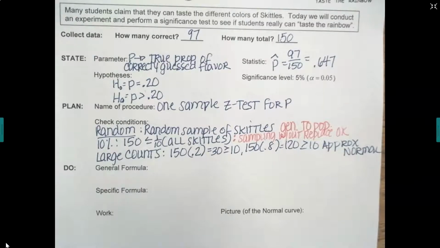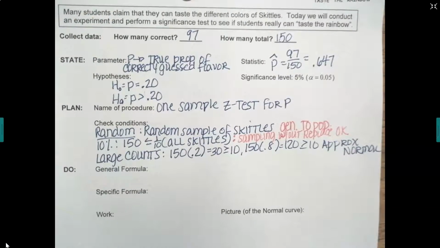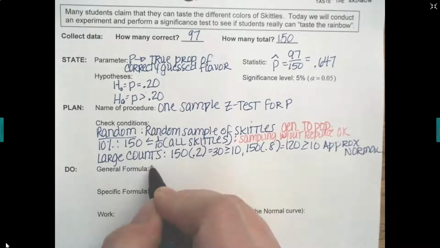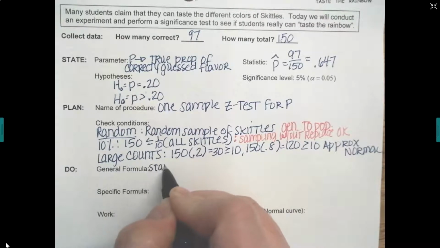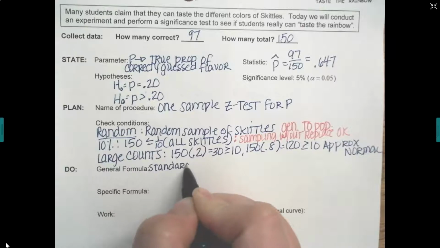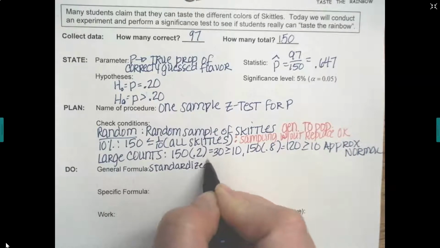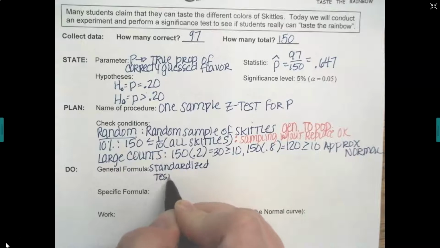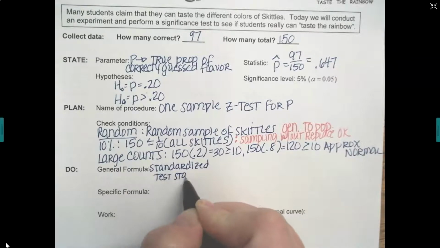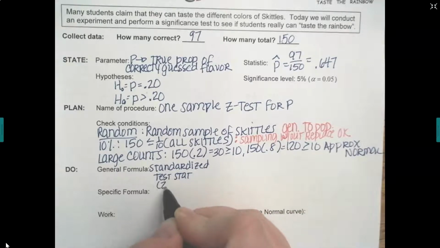All right, so for the general formula, remember that's when we write it in just the words. So I'm going to use the official words, the standardized test statistic. That's your z-score.